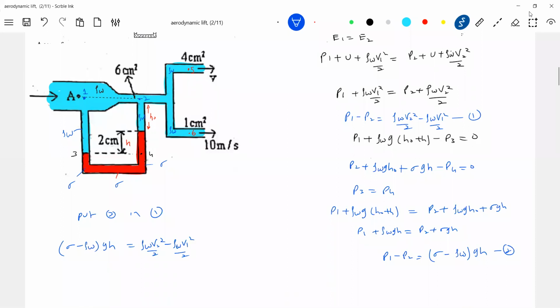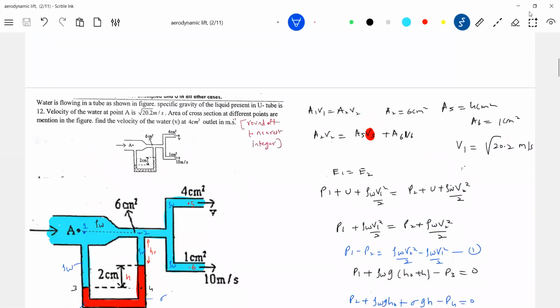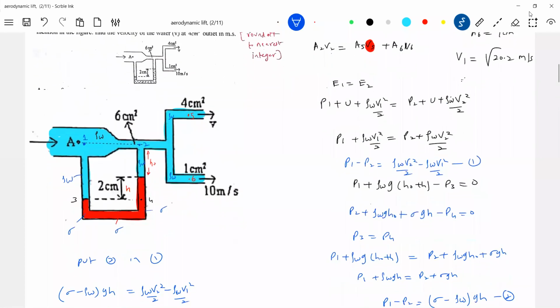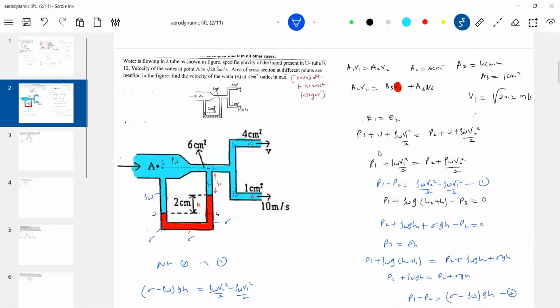We know V1, sigma, rho W, and H also. Substituting, we'll get V2, and that value of V2 I'll substitute here to get V5. Can you solve this? Later on I'll go to the next question. See the complete problem once.